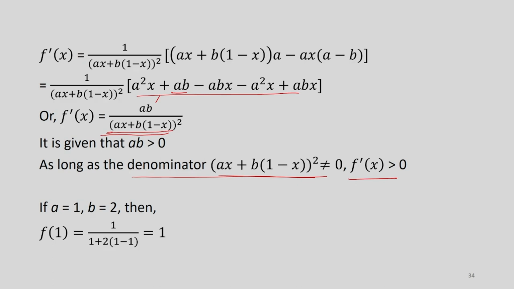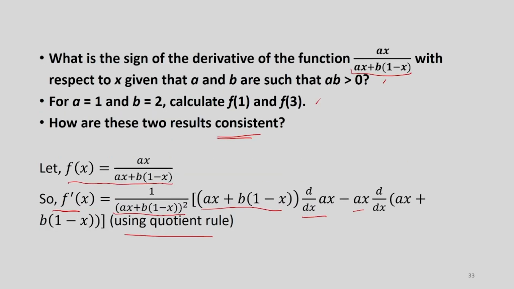The second part is, what is the value of the function, that is f x, at x is equal to 1 and x is equal to 3 if a is equal to 1 and b is equal to 2. Okay, if a is equal to 1 and b is equal to 2, what is the value of f of 1? That is very simple. I have to use this expression, right? I have to put a is equal to 1 here, b is equal to 2 here, and x is equal to 1 here.